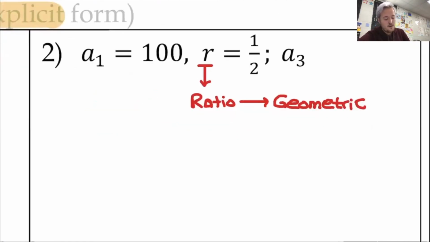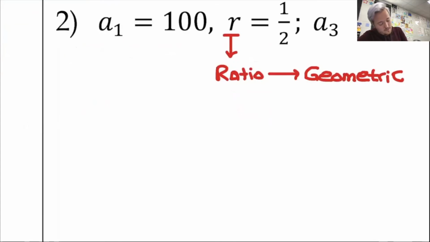All right. So once again, I'm going to steal that same form. So A of n equals A of 1 times R raised to the n minus 1. And I'm looking for the third term here. Actually, let's do the recursive form this time.